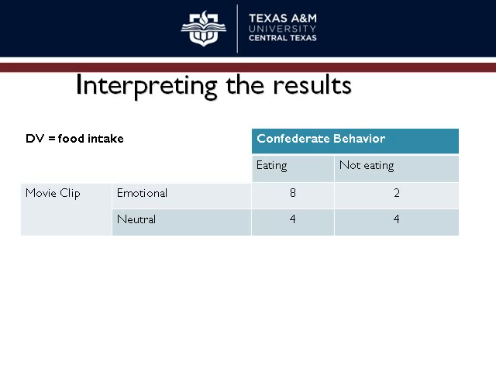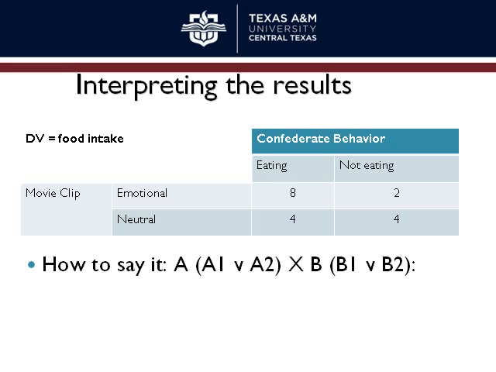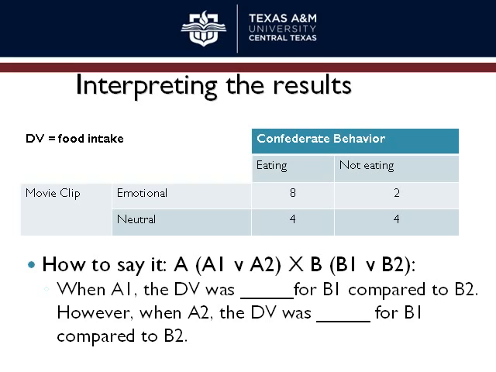Now, how to talk about it consistently, even when you get away from this example. One way to think about it here is using generic terms for the variables. So one factor being A, the other factor being B, with A having 2 levels, A1 and A2, B having 2 levels, B1 and B2. Then you can say, well, when A1, the dependent variable was high, was low, for B1 compared to B2.